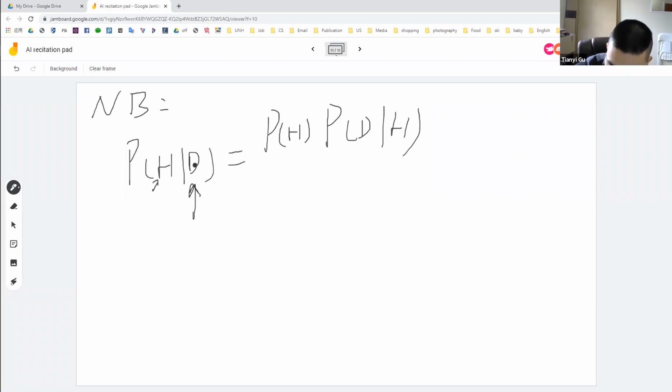We're going to work on this using the naive assumption, saying, okay, I know this is a 7. What is the probability of that pixel being a dark pixel or a white pixel? And then we multiply them together. I will explain that later. And then this is divided by the probability of the data.